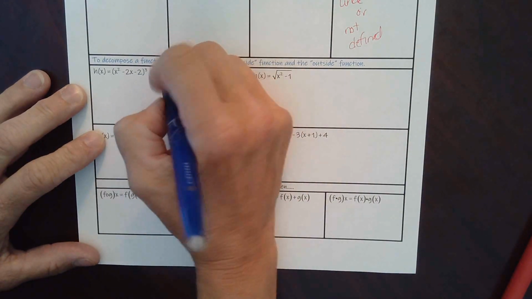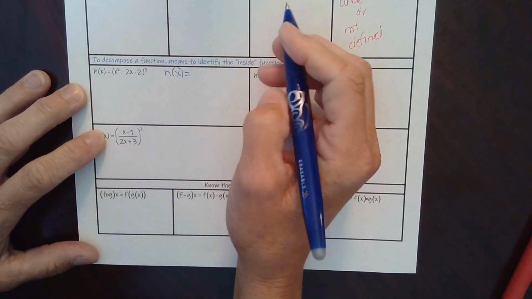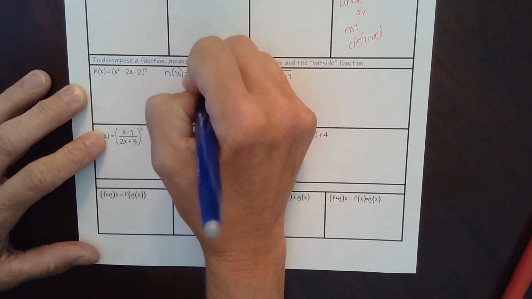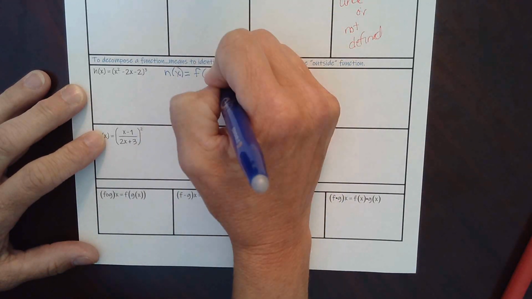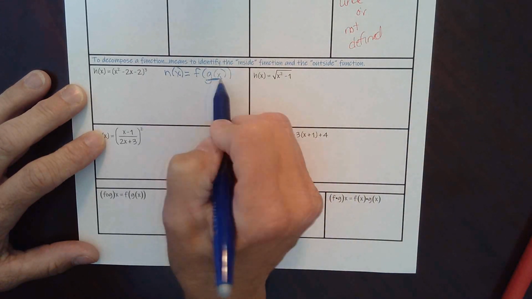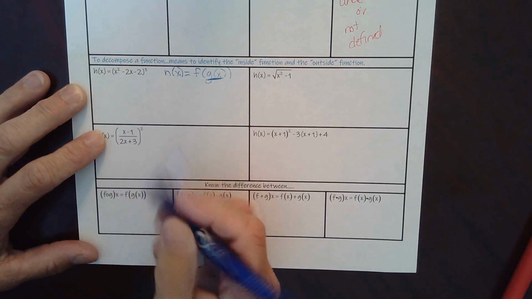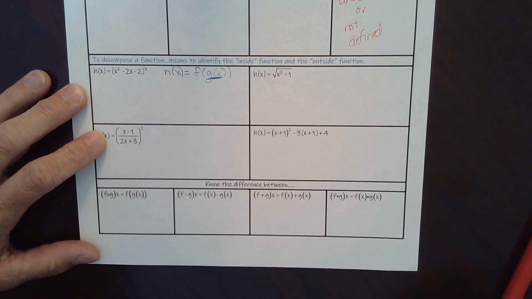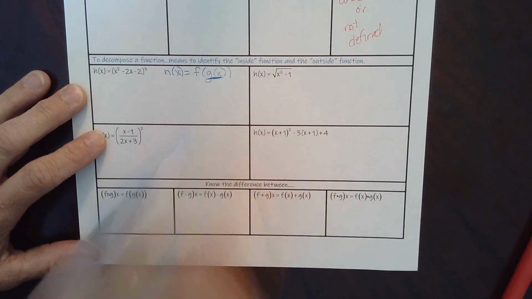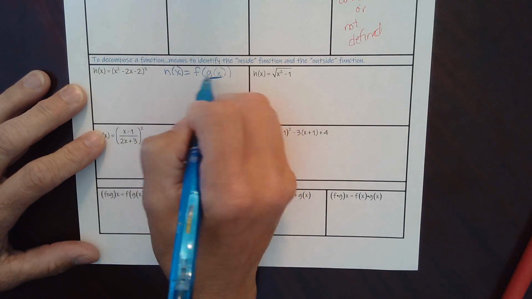I want to find h of x, which is equal to f of g of x. So I want us to identify what is the equation for g of x and what is the equation for f of x. So which one is outside and which one is inside?